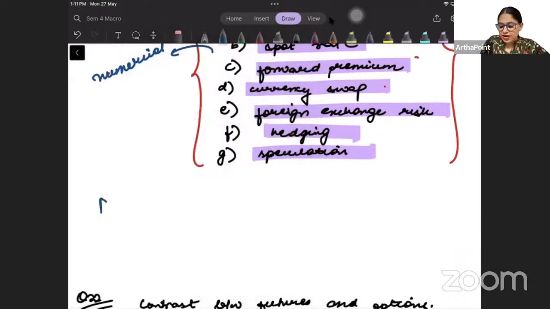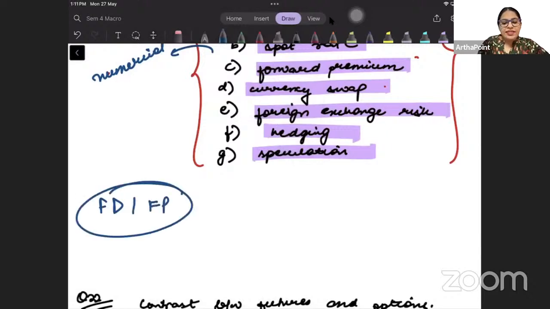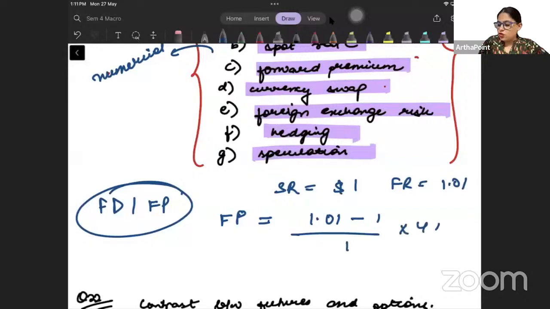So they will ask you find out the forward discount or find out the forward premium, and then they will just give you some values. कि suppose the spot rate is 1, the forward rate is 1.01, then find the forward premium. तो forward premium का you will just go ahead and plug the formula and you will get the answer to this question. So ये जो बेसिक एकदम छोटा छोटा फॉर्मूलाज है, revise them very well.